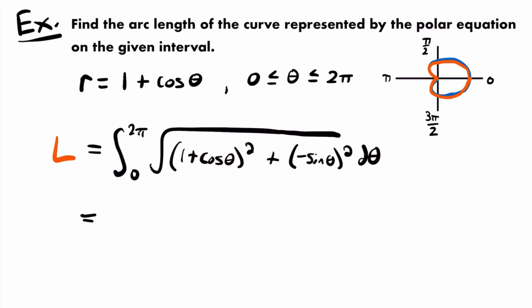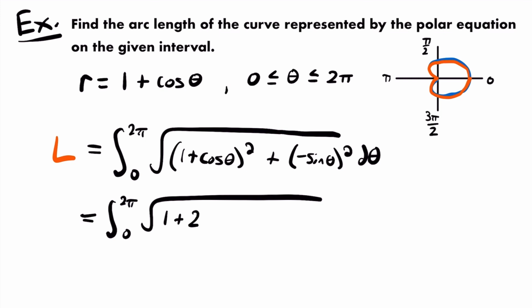So this will be equal to the integral from 0 to 2 pi of the square root of 1 squared, and we'll add that to 2 times these two terms multiplied together. 1 times cosine theta is just cosine theta, so we'll have 2 times cosine theta, and then we'll add that to this last term squared, which will be cosine squared theta. All right, and so then we'll add that to negative sine theta squared, which will be positive sine squared theta. All right, and then we have d theta.